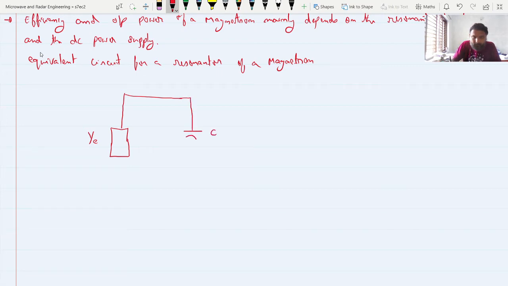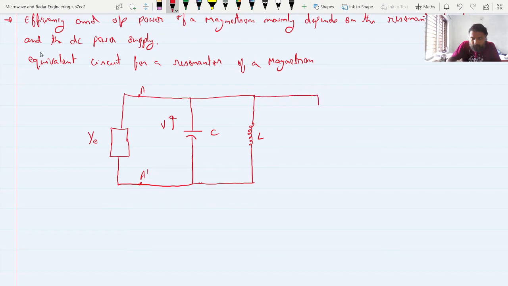This is nothing but the capacitance, the voltage that is passing through this. I will take this point as A, this as A dash. This is the inductance. G suffix R, conductance of the resonator.